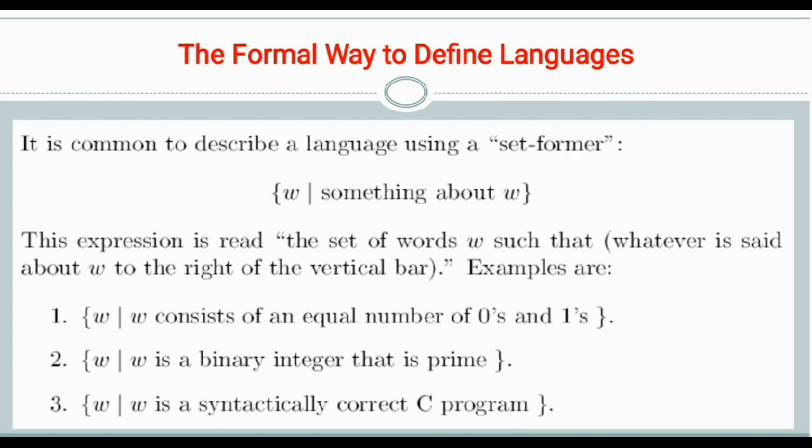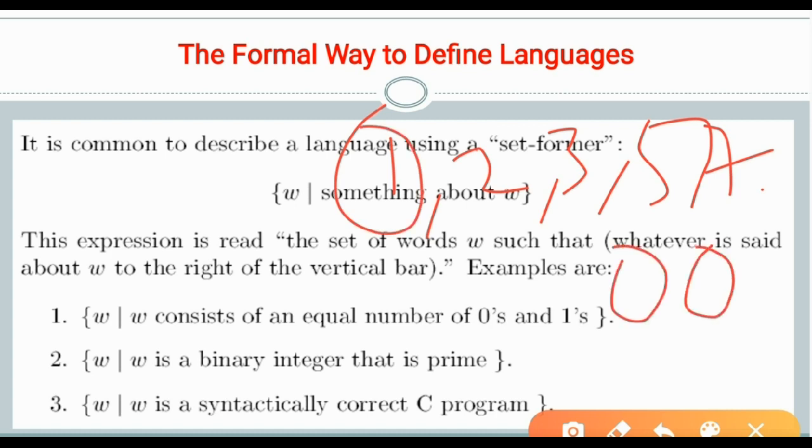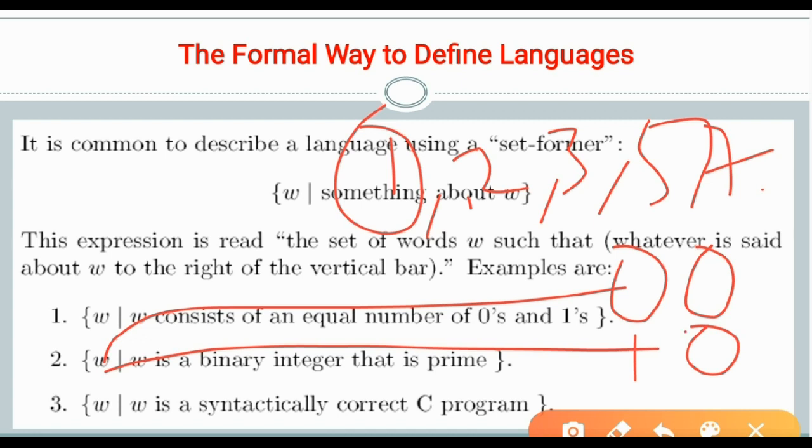You all know the prime numbers 1, 2, 3, 5, 7 and so on. The 1 should be represented in binary as 0 0 1, and 2 should be represented in binary format as 1 0. This is the word w we are talking about.